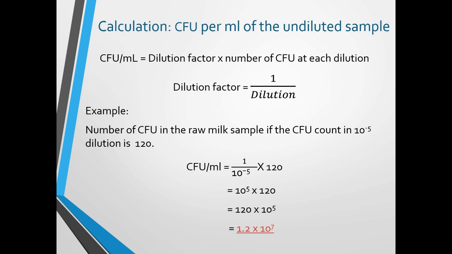And the answer is 120 times 10 to the power 5. The final answer should be written in scientific notation. Scientific notation is a way of writing a very big or a very small number with a number between 1 to 10 in decimal form and multiplied by a power of 10. So our answer for this example is 1.2 times 10 to the power 7.